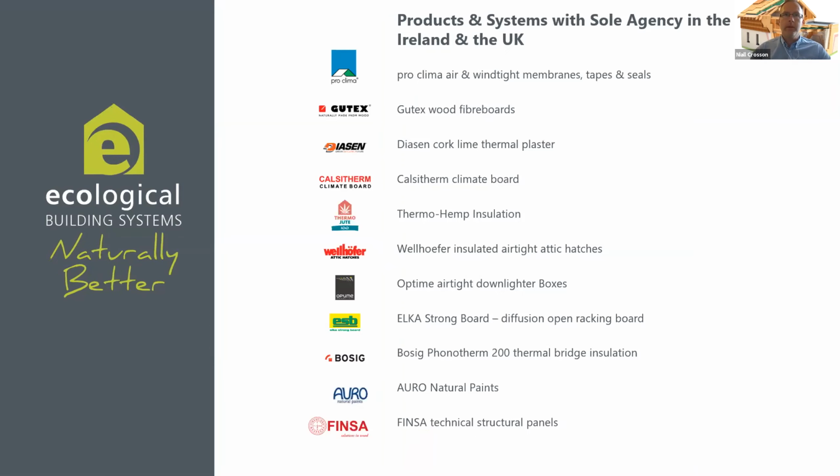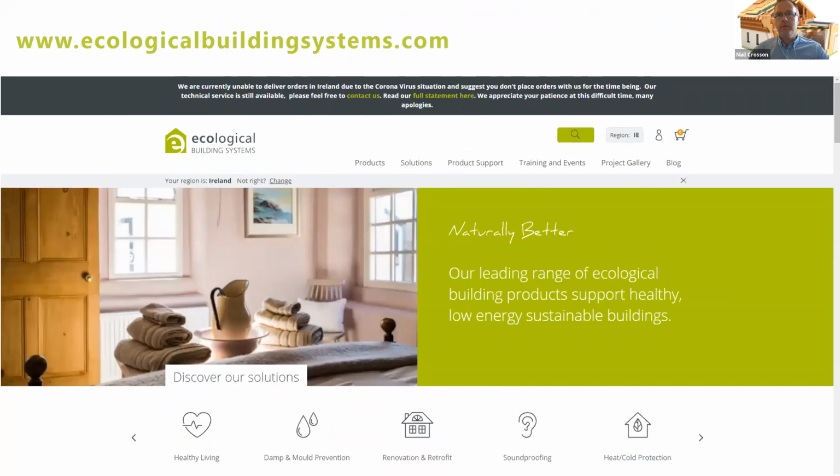And we do supply quite a broad array of materials with a sustainable focus, ranging from wood fiberboard, cork, lime, thermoplasters, and hemp and jute insulations, among other products. So there's quite a broad spectrum of materials, whose details can be found on our new website. You can get a lot more information there, which we launched recently.